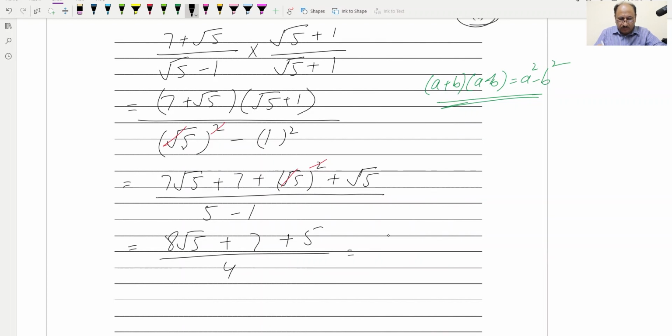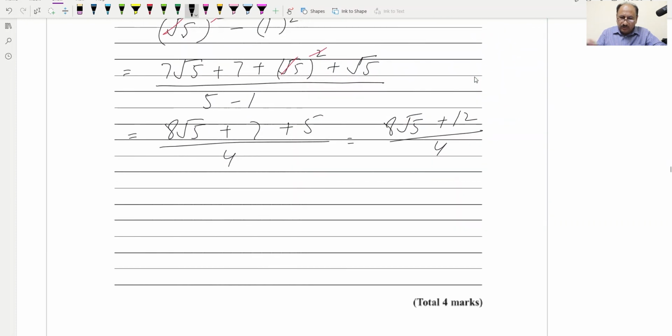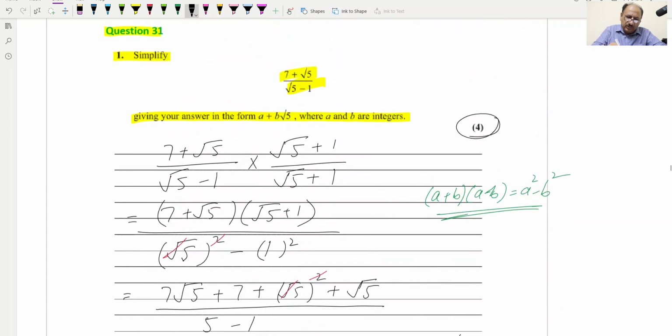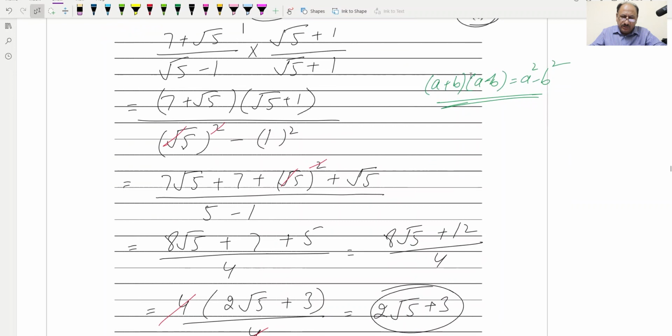So we can write 8 under root 5 plus 12 divided by 4, and we can take 4 common, so inside will be 2 under root 5 plus 3 divided by 4, and 4 and 4 will be cancelled, so our answer will be 2 under root 5 plus 3. This will be our final answer, which is in the format a plus b under root 5.